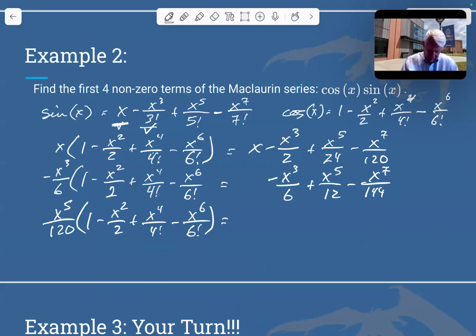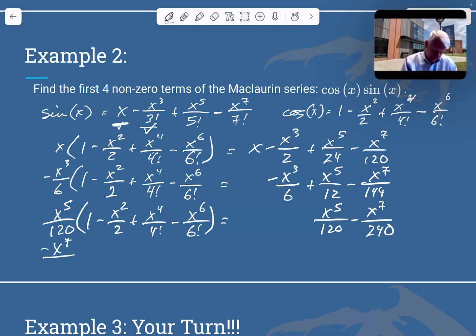So that's going to be x to the fifth over 120 minus x to the seventh over 240. All right, so I got my first, my second, my third. Now the only other one is going to be x to the seventh.